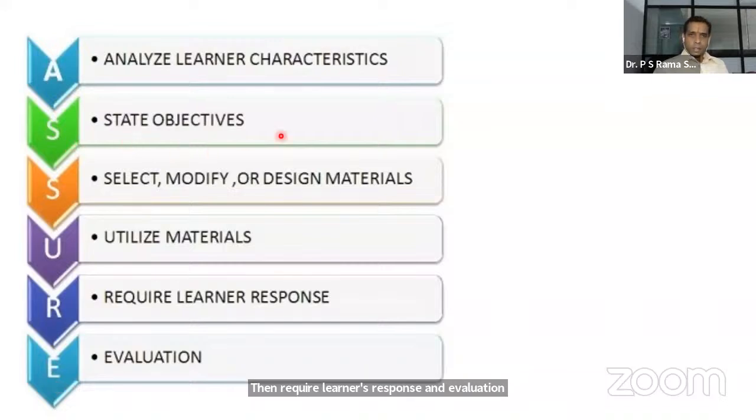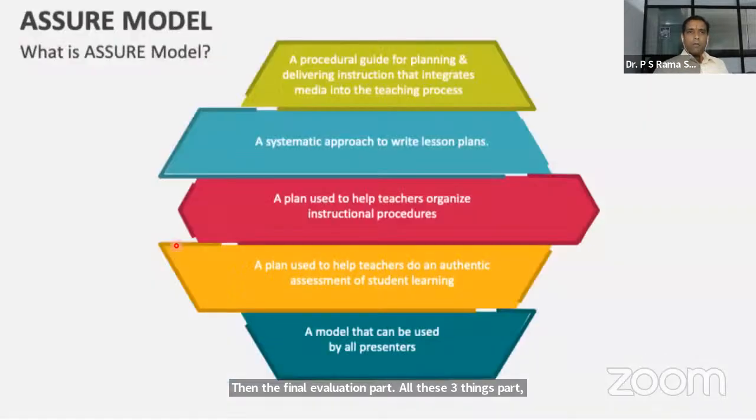So state objectives, analyze learner's characteristics, this is again the design part. Utilize materials, require learner response, this is all the development part. Then finally the evaluation part or delivery part. All three parts, the design part, the development part, and the delivery part, will be covered.